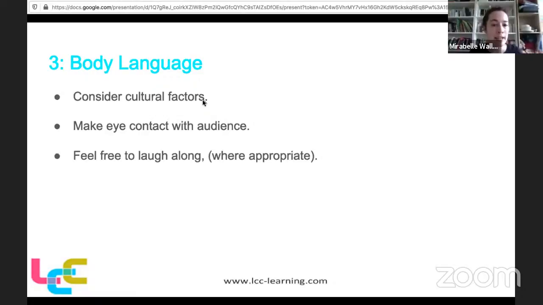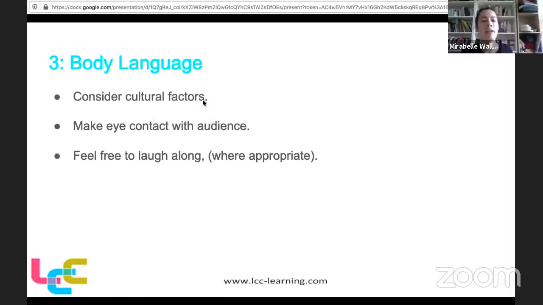It's also important to make eye contact with the audience. Again, this helps them to feel like they're engaged in your speech, that they are part of it, that you're talking to them, not at them. Obviously, don't stare at anyone too intimidatingly. Keep it natural, keep it light.